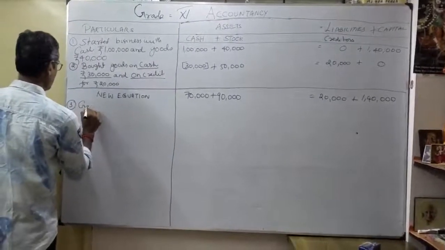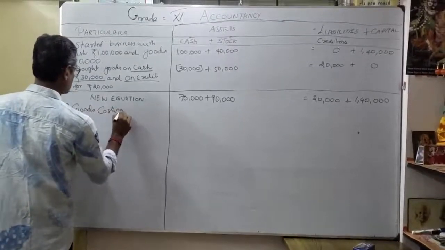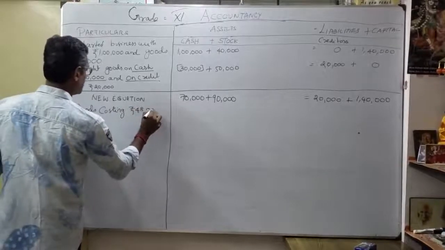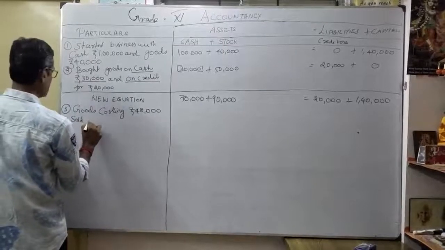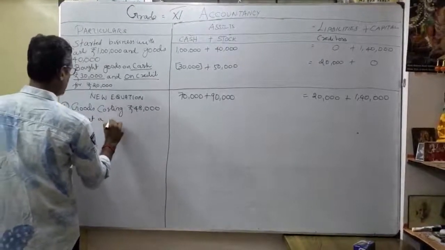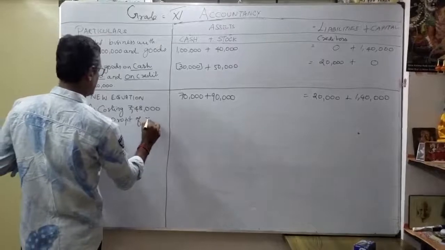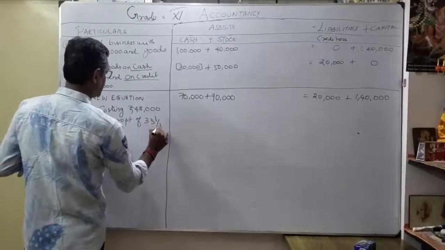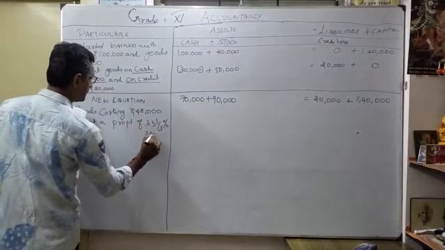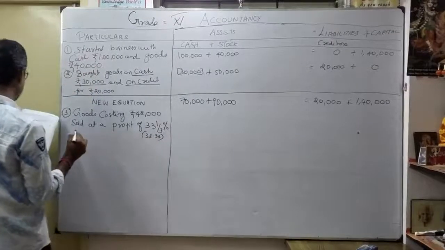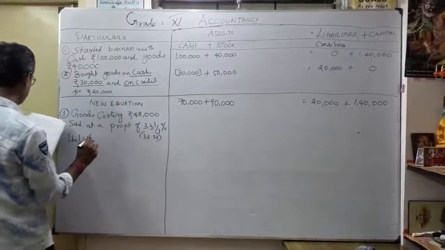Goods costing 48,000 sold at a profit of 33 1/3%, or you can say 33.33. Half of the payment received.